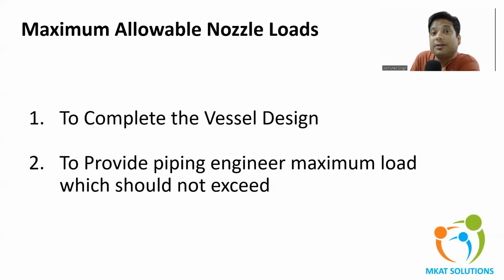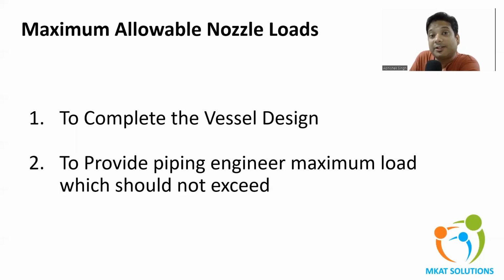Now it is going in the reverse manner. Actually they should give it, but now we are giving them the maximum load which we have considered for that nozzle. Whatever Caesar or stress analysis you are doing, you have to make sure that the piping load does not exceed the value which we have given, because that is the load for which the calculation has been done.